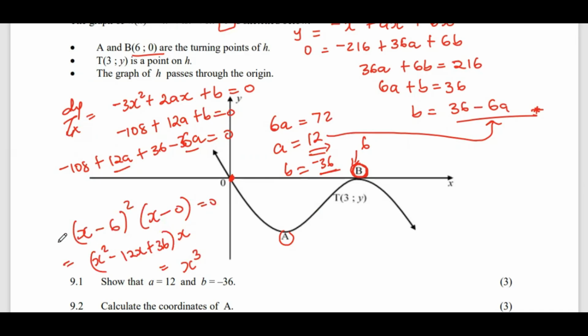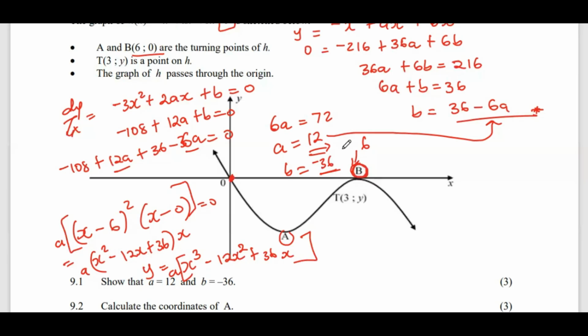Because with this opening, it's meant to be negative. It's fine. Let me keep an a there, just in case. Okay, x cubed minus 12x squared plus 36x. That is my y. Then if I try to substitute 6 and 0, is it going to make sense?